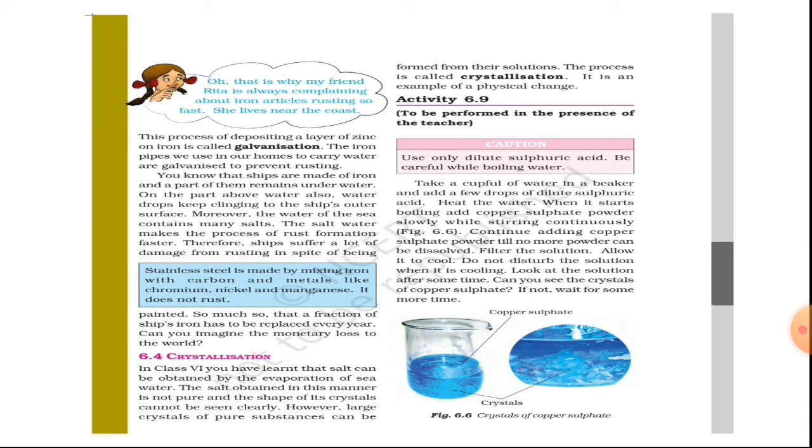At a high temperature, a little more copper sulfate dissolved in this solution, and when we allowed the supersaturated solution to cool down and it reached room temperature, crystal formation took place, because the extra amount of copper sulfate which we added during the heating process was converted into crystal form.